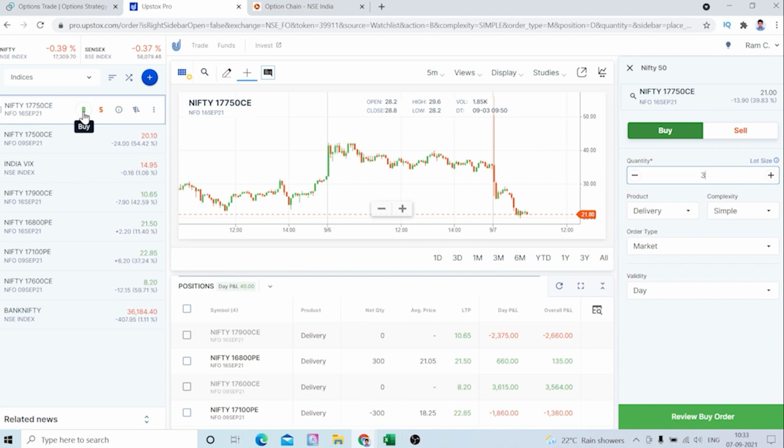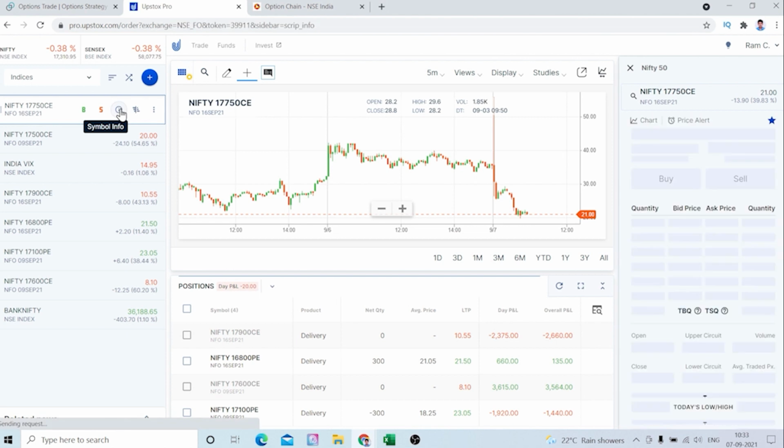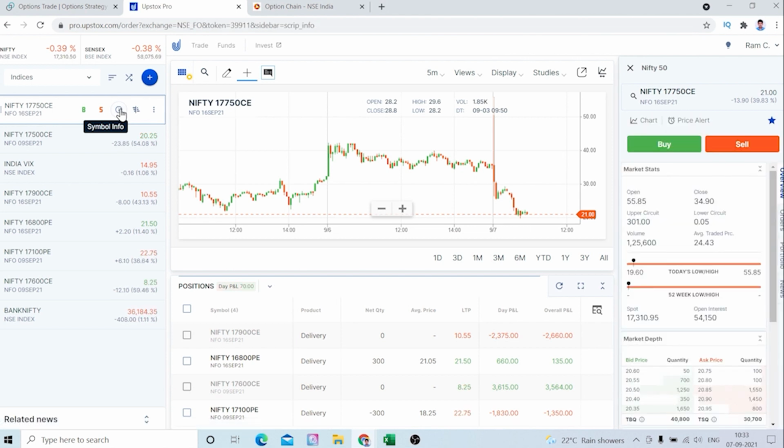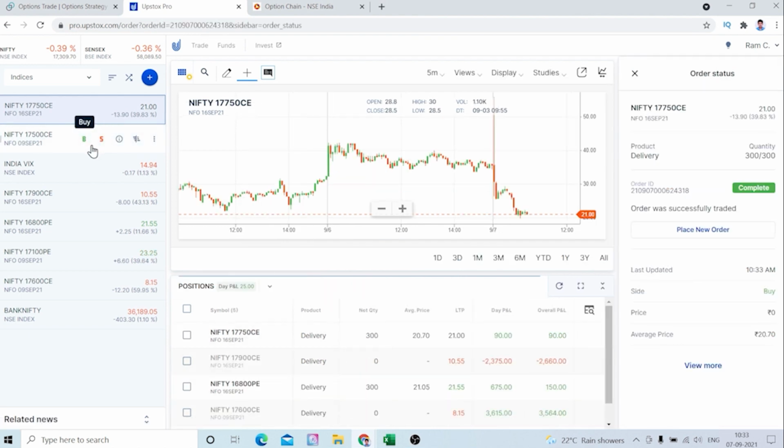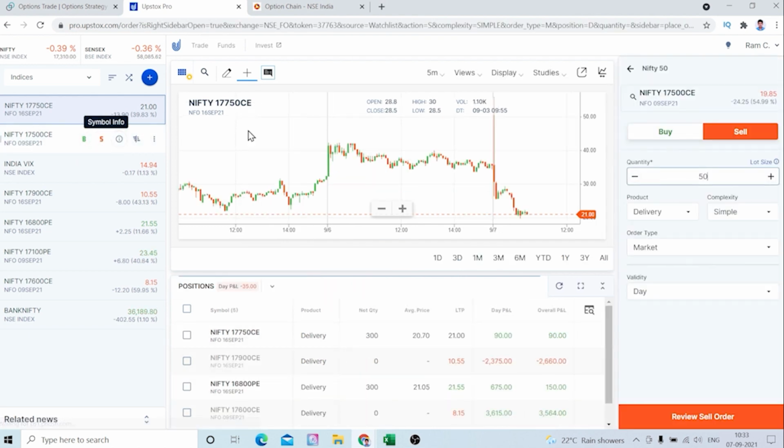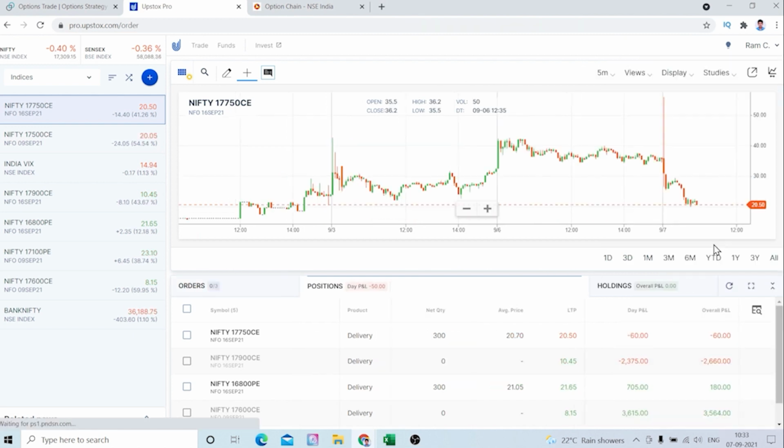On the 16th September expiry, I am buying around 300 quantity. Okay, so the bought position is over. I am selling around 17,500 on the 9th September expiry. So orders are placed. So the first adjustment we have done now.